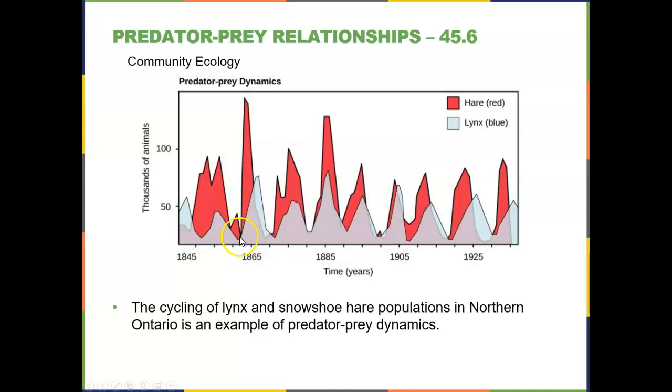As the lynx population goes down, there are not so many lynxes to eat the rabbits, and the rabbit population spikes. When the rabbit population spikes, the lynxes have lots of rabbits to eat, and their population goes up. We see this cycling of an increase in the prey population followed by an increase in the predator population, because they rely on one another to fuel their population growth.